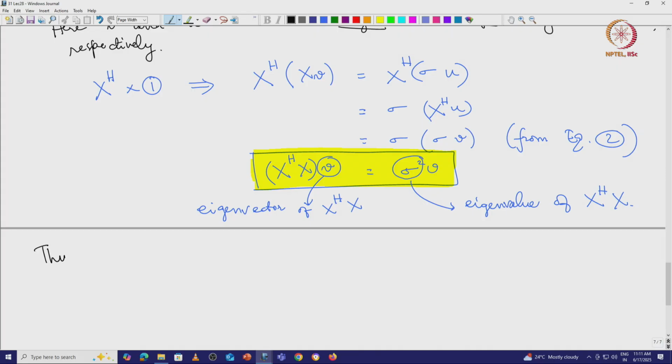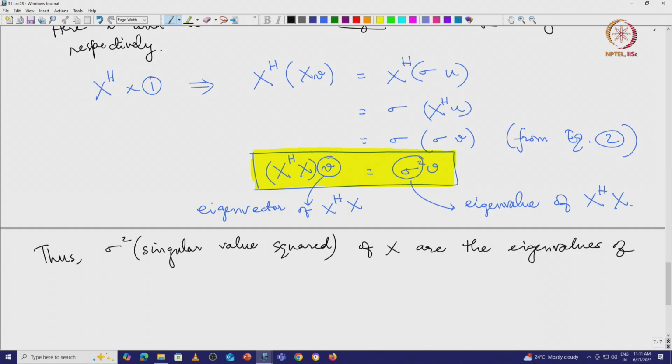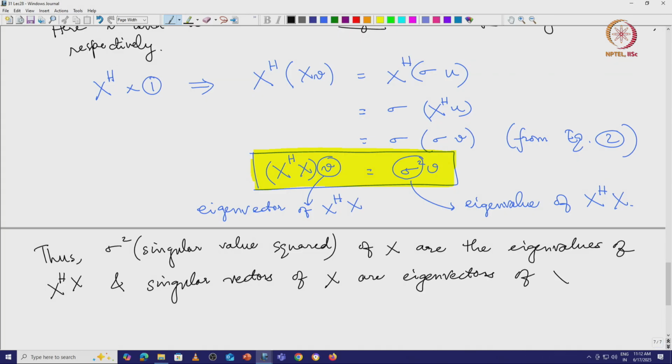Essentially sigma squared, which is the singular value squared of X, are the eigenvalues of X Hermitian X, and singular vectors of X are eigenvectors of X Hermitian X. Okay.